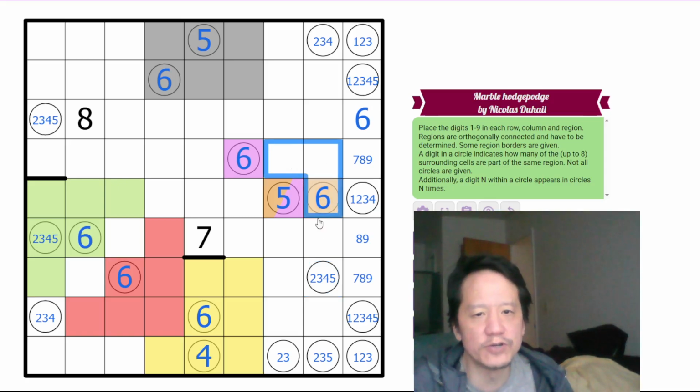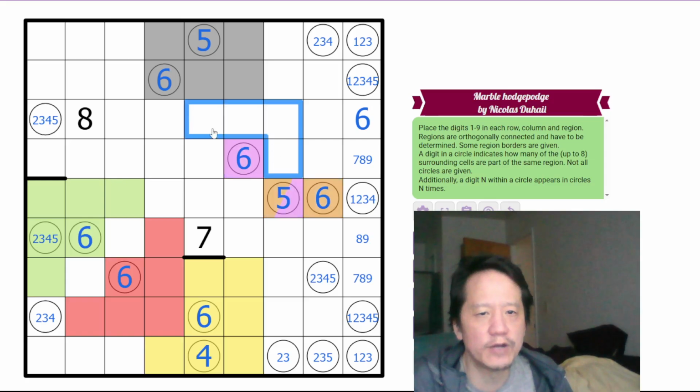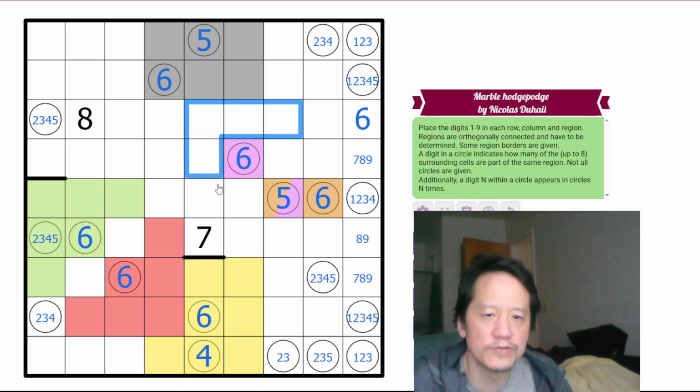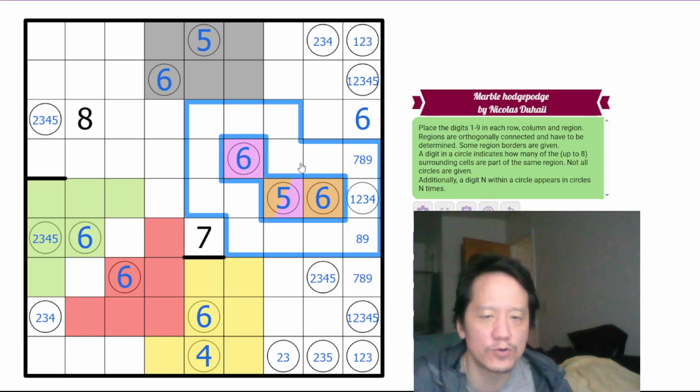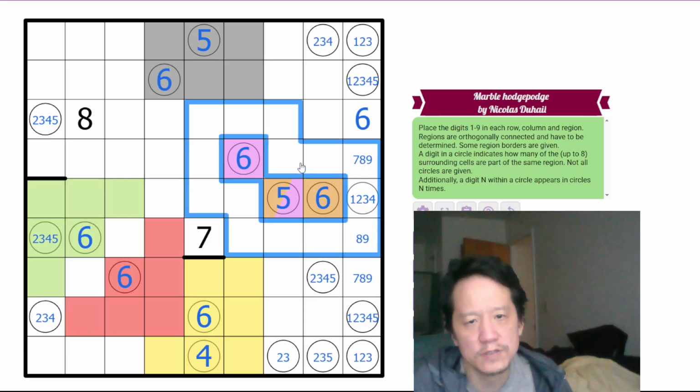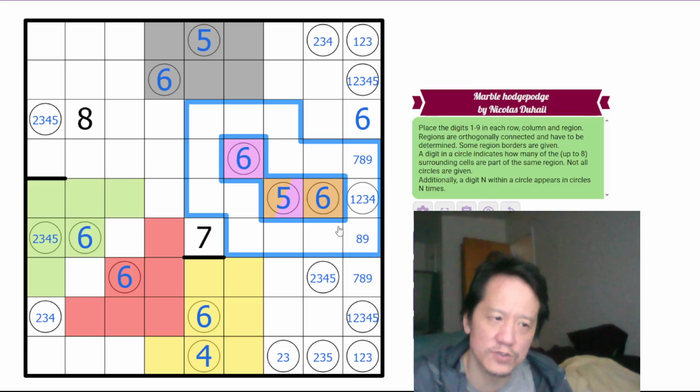Because the thing is, if there were 3 regions here, in this surrounding area there are, what, 7, 1, 2, 3, 4, 5, 6, 7, 8, 9, 10, 11, 12, 13, 14. And they are not part of each region, right? And that's the surrounding.